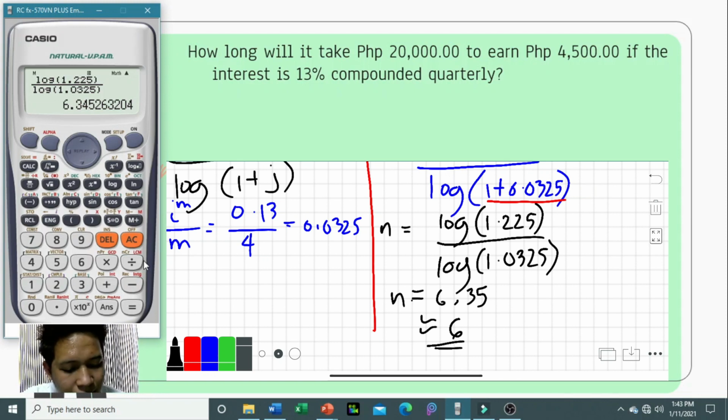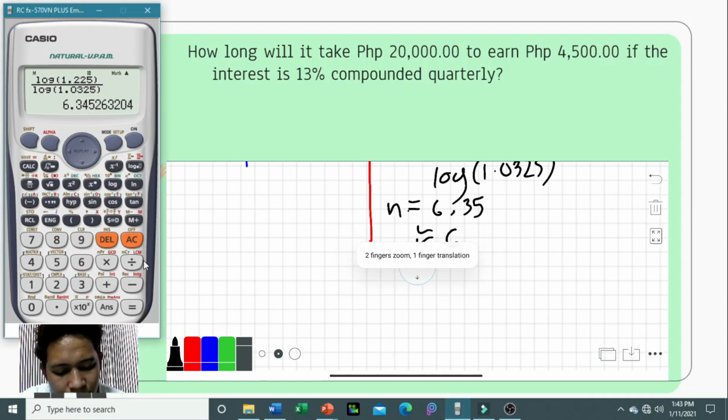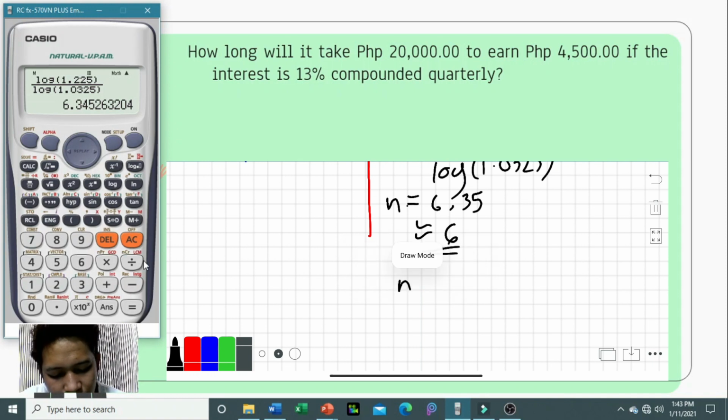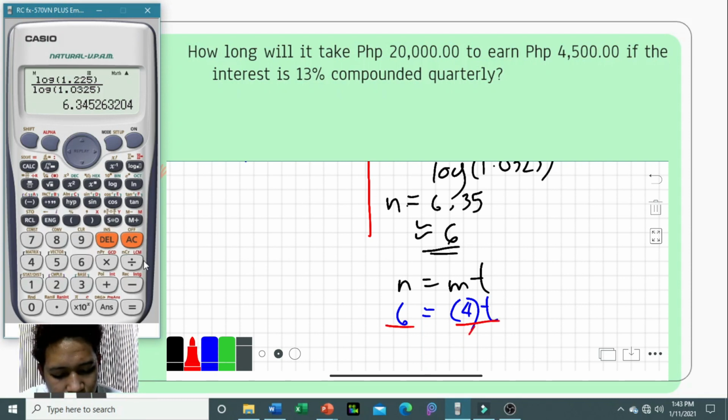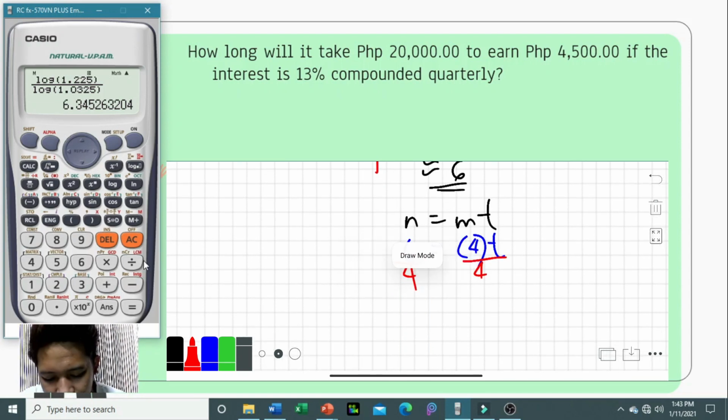So, pwede na po nating makuha si time. So, we have n is equal to mt, to which our n, sabi natin, is 6. And then our m, or the frequency of conversion kanina ay 4, kasi quarterly, and then we have the time. So we have to divide both sides by 4, to which ang ating magiging time would be what?